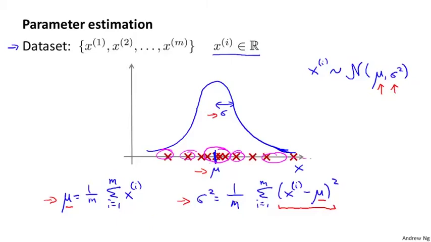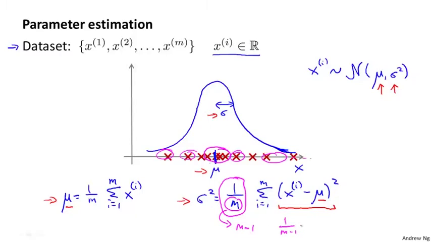Finally, one last side comment. Again, only for those of you that have taken a statistics class before, some of you may have seen the formula where this is m minus 1 instead of m. So this first term becomes 1 over m minus 1 instead of 1 over m. In machine learning, people tend to use this 1 over m formula, but in practice, whether it is 1 over m or 1 over m minus 1 makes essentially no difference, assuming m is reasonably large, that is, you have a reasonably large training set size.